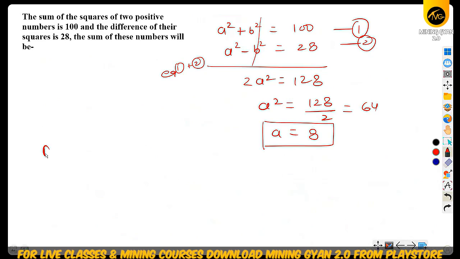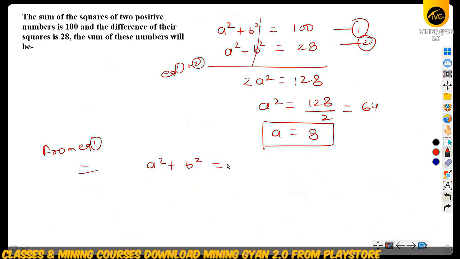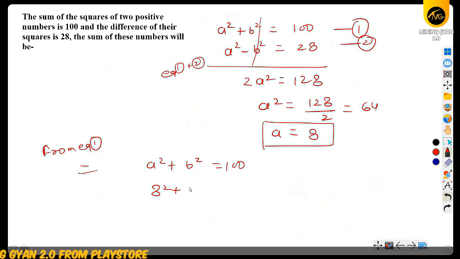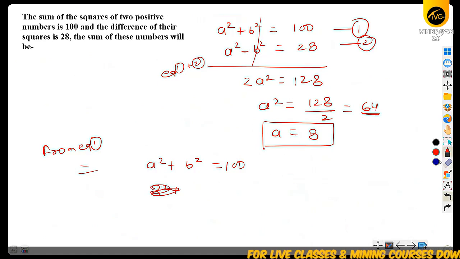Now from equation number 1, a square plus b square is equal to 100. We just put in the value. So we can say directly 64 from this; we don't have to take the square root of 64.